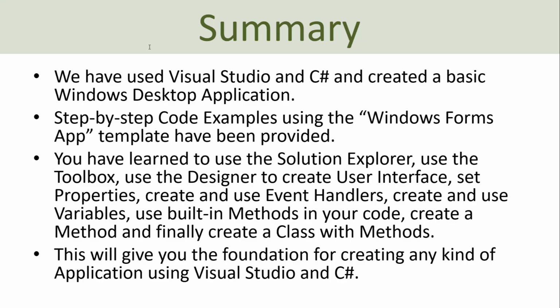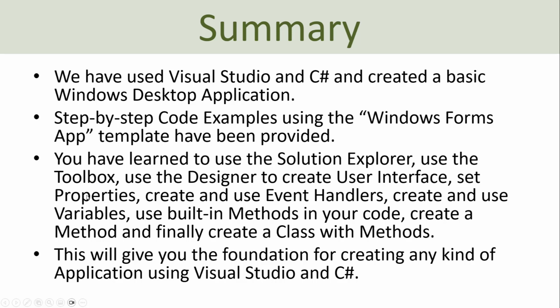So let's summarize. We have used Visual Studio and C# and created a basic Windows desktop application. We have step by step done a code example by creating a Windows Forms application, and we have learned how to use Visual Studio. We have learned how to use the Solution Explorer, the Toolbox, and the Designer to create a graphical user interface.